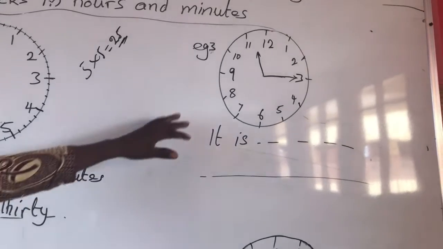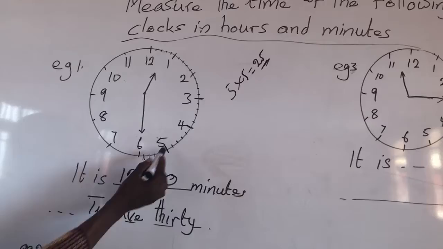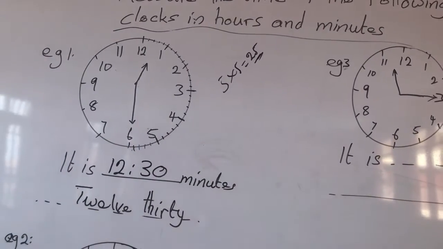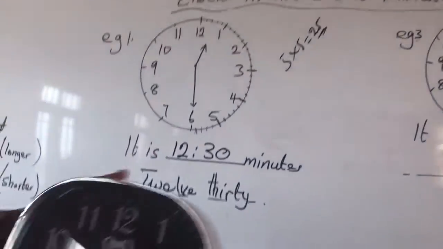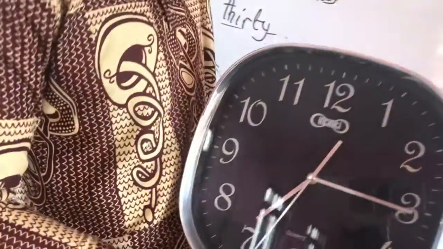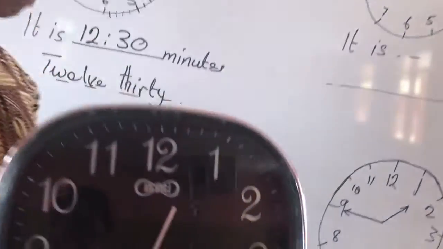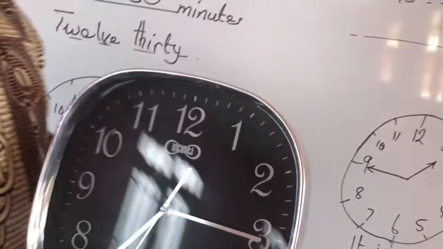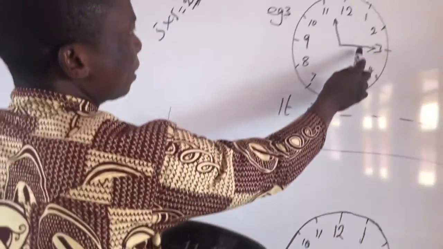Now, you realize that some clocks, they don't have these arrows here, these short lines on it. But luckily enough, if my clock is having this, it helps me to count. Look at this. It helps me to count. But you realize some clocks are not having, so it's better if you have one at home, ask permission from your parents and use them. After that, you return them safely. Now, look at this. This is 3.